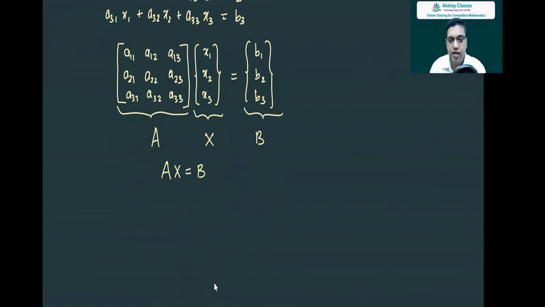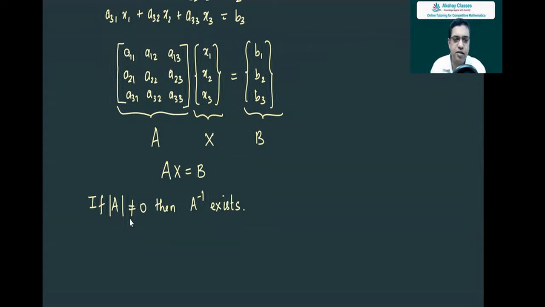And if we want to find the solution, if determinant of A is not equal to 0, then A inverse exists. Singular matrix means when determinant of A is equal to 0.